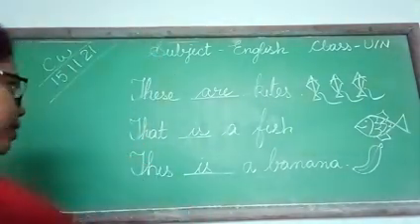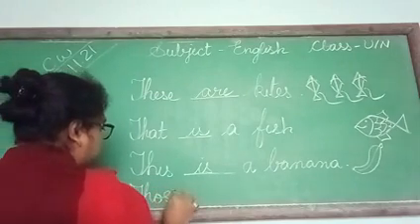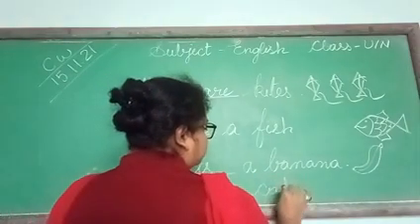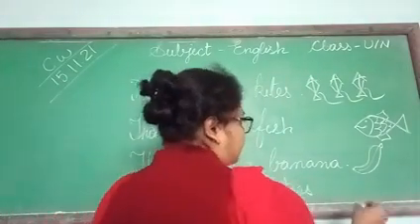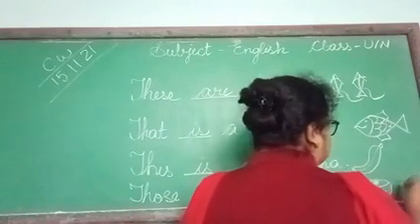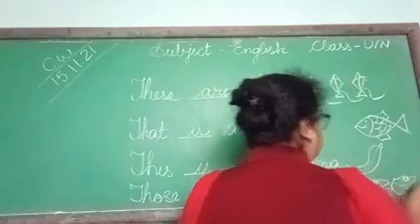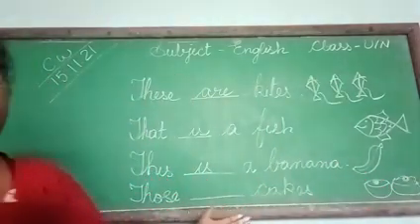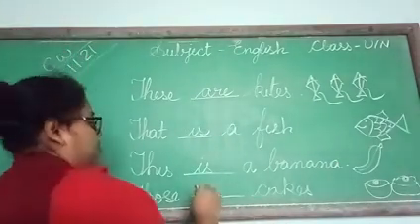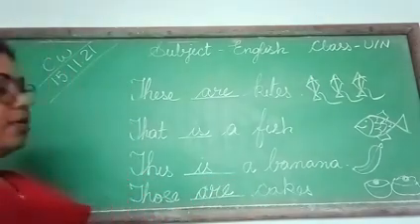And at last, if I write those dash cakes, those are cakes, small cupcakes. Then what will you write beside those? A-R-E, are. Understand?